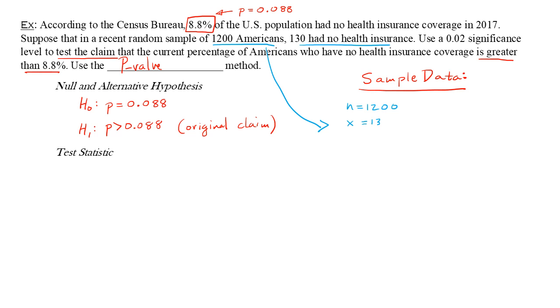And we had 130 that had no health insurance. From that, we can get the test sample proportion, p hat, which is our point estimate. So we'll compute 130 over 1,200. And let's see, if I calculate that, I get something around 0.108.